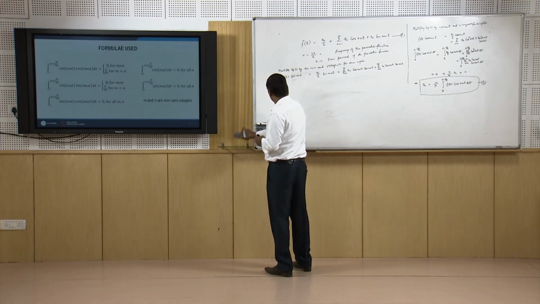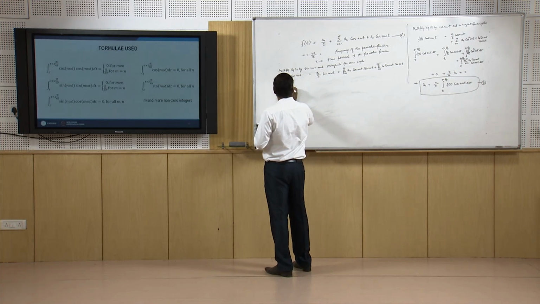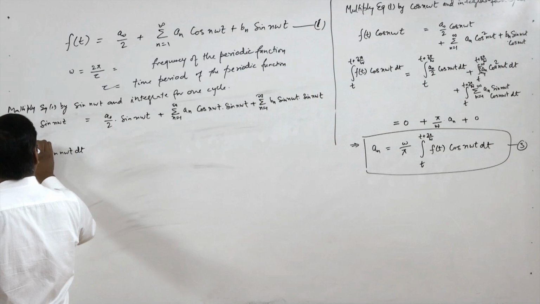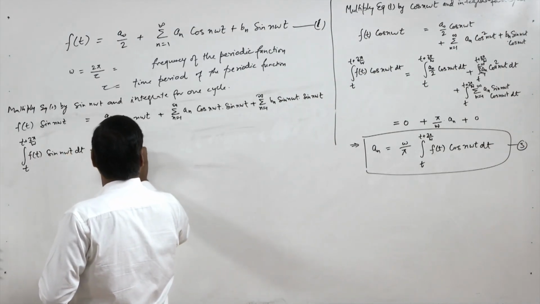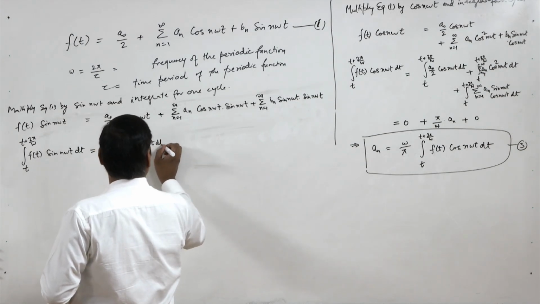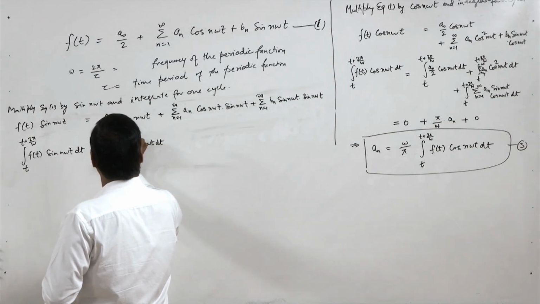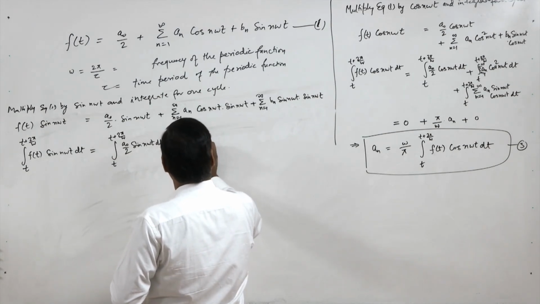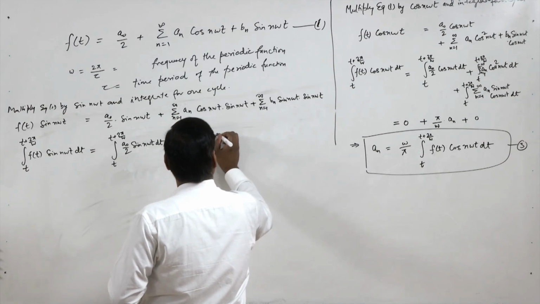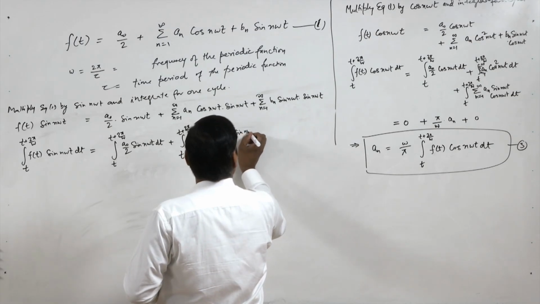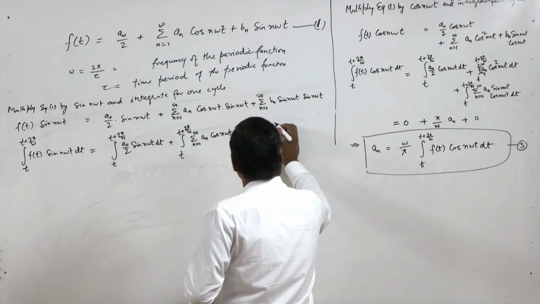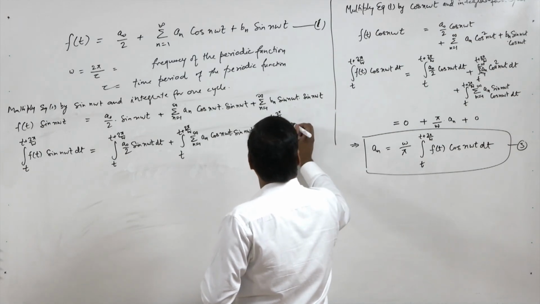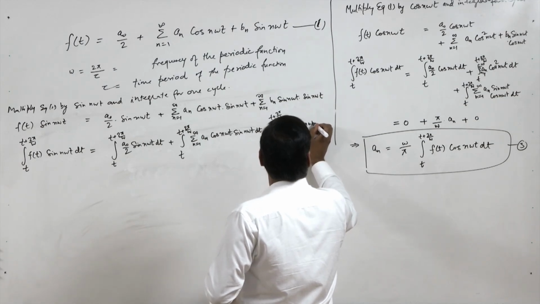So, we integrate: integral of f(t) sin n omega t dt from t to t plus 2 pi by omega equal to again a0 by 2 integral of sin n omega t dt from t to t plus 2 pi by omega, plus, in the same limit, sigma n equal to 1 to infinite an cos n omega t into sin n omega t dt, plus the integral from t to t plus 2 pi by omega of sigma n equal to 1 to infinite bn sin square n omega t dt.